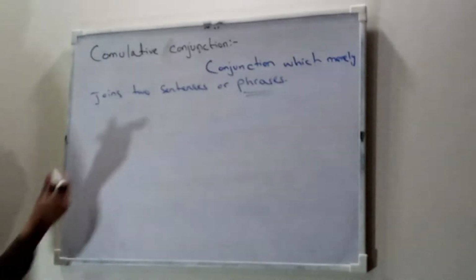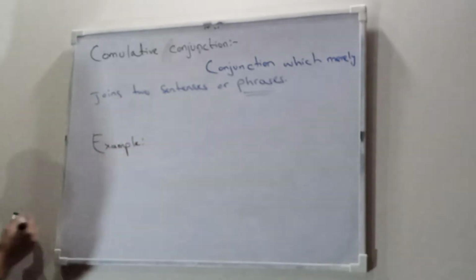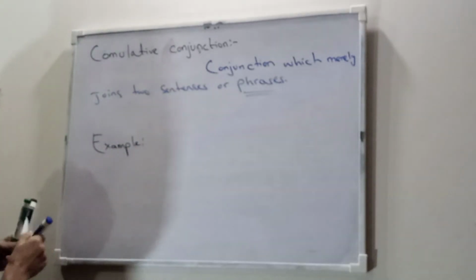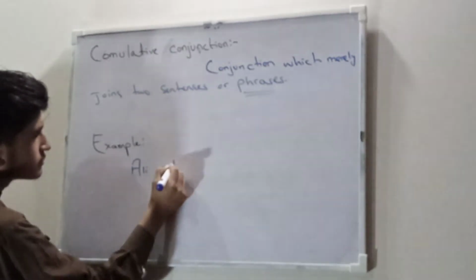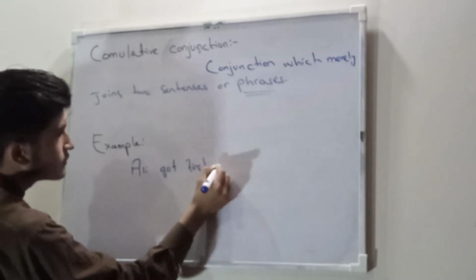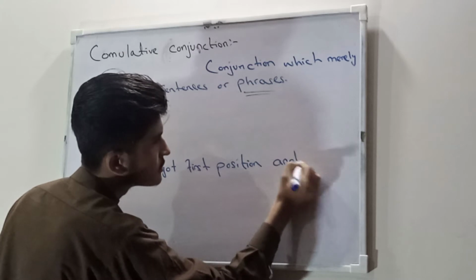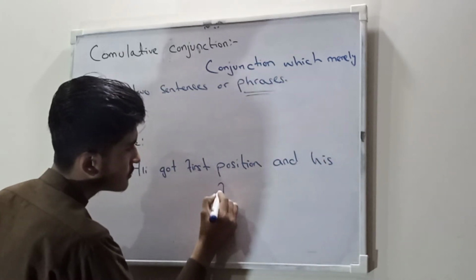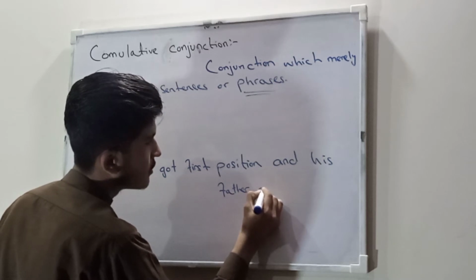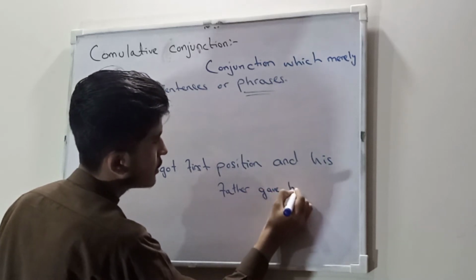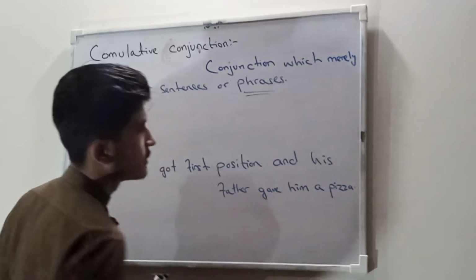For example, Ali got first position and his father gave him a pizza.